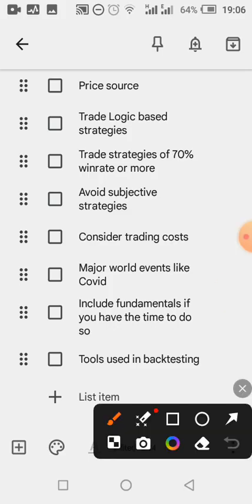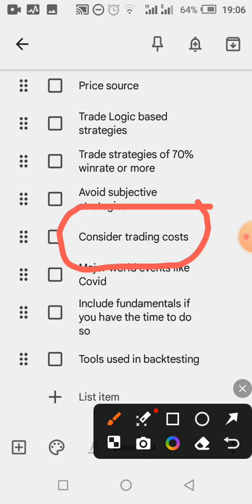Now, also when recording your backtest, just before you start your backtest, look at the size of the spread of your instrument, especially for trading on very small time frames, and especially if you are trading financial instruments.